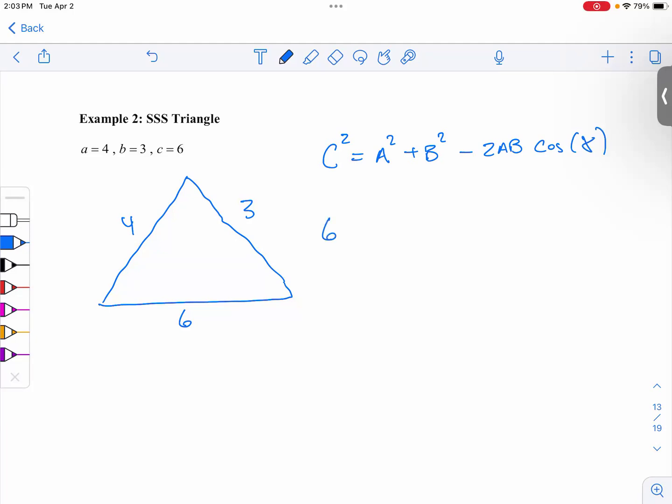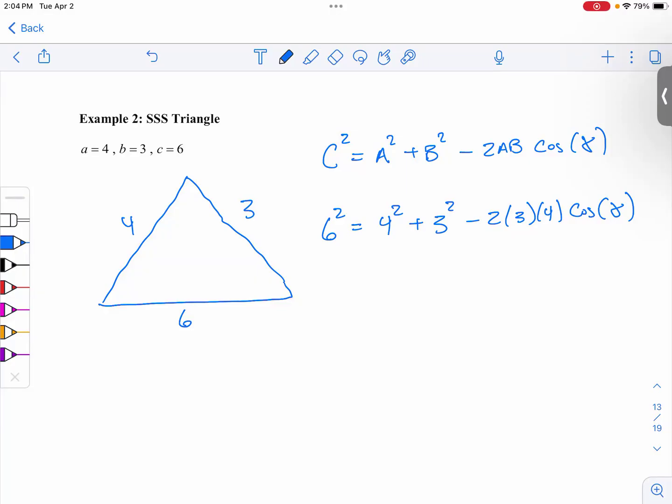Okay, so with just the sides, what this allows us to do is find a single angle.